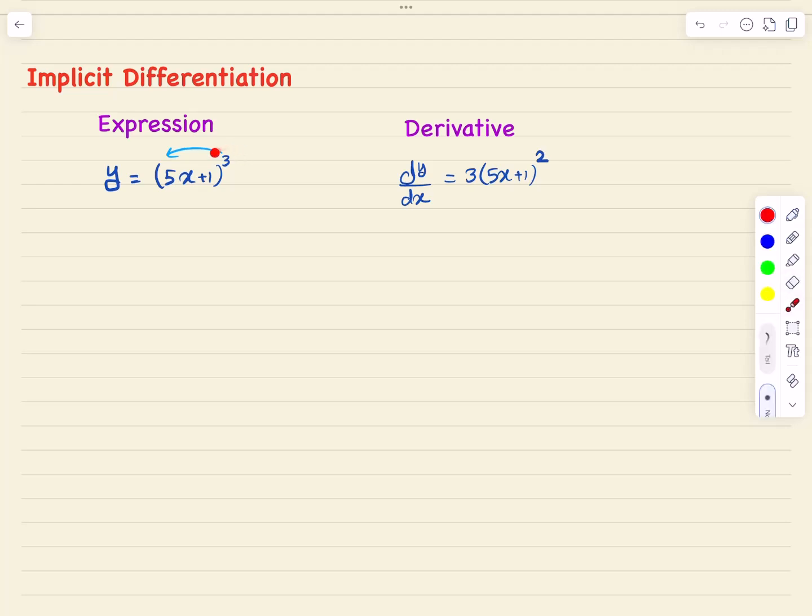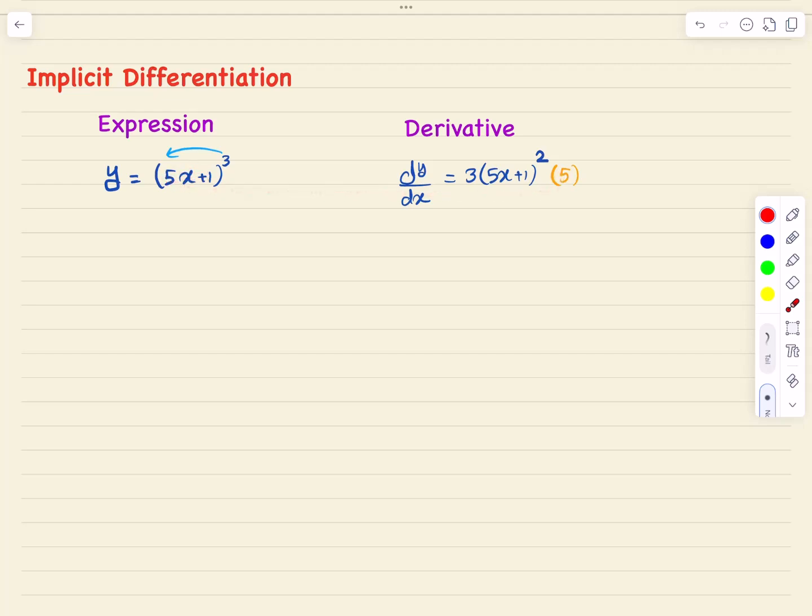So we decrease the power by 1. But after that, according to the chain rule, we shouldn't forget that we have to differentiate the inside of the bracket, which is 5. If you differentiate the inside of the bracket, you will get only 5.